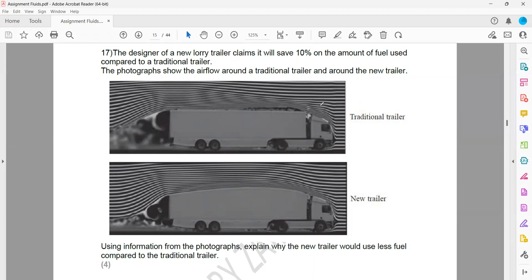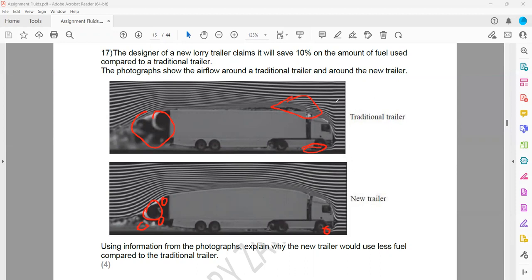So here the old design was having more turbulent flow around it. You can see here more turbulent flow. But the new design, which is more streamlined, has turbulent flow only in a small area. So as a result, what will happen?